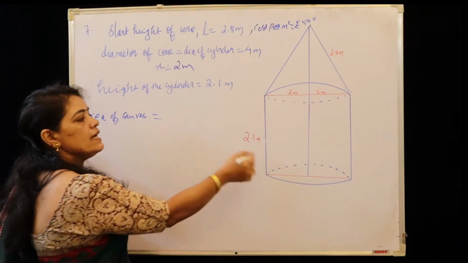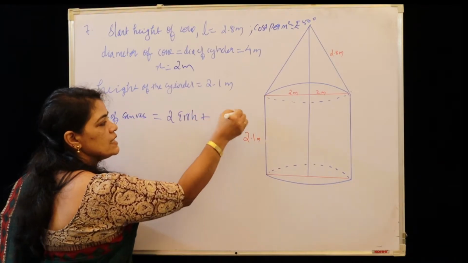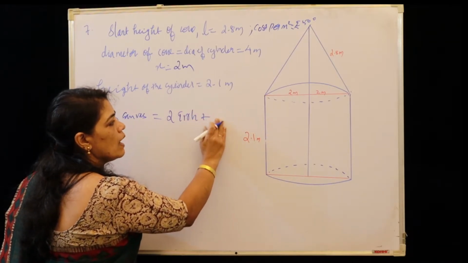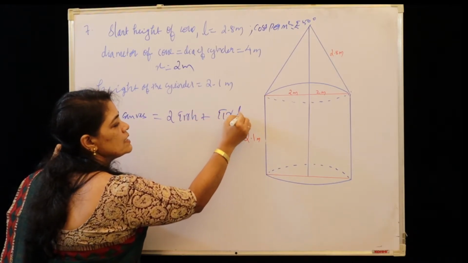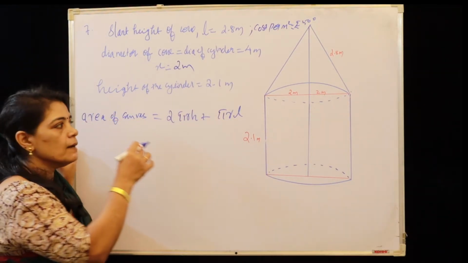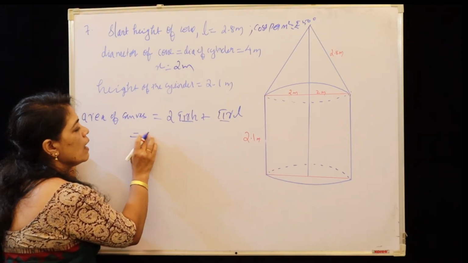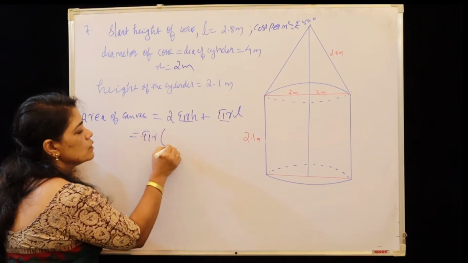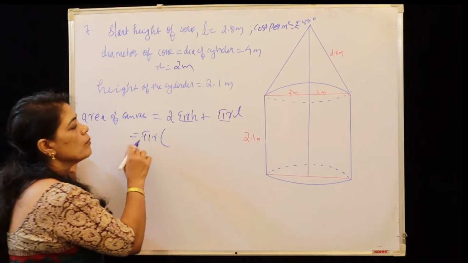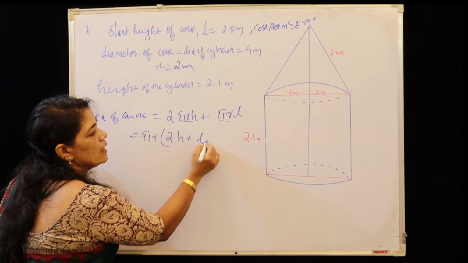That is CSA of cylinder, that is 2 pi RH, plus CSA of cone, pi RL. Since both radii are same, you can take pi r common outside, then 2h plus L.